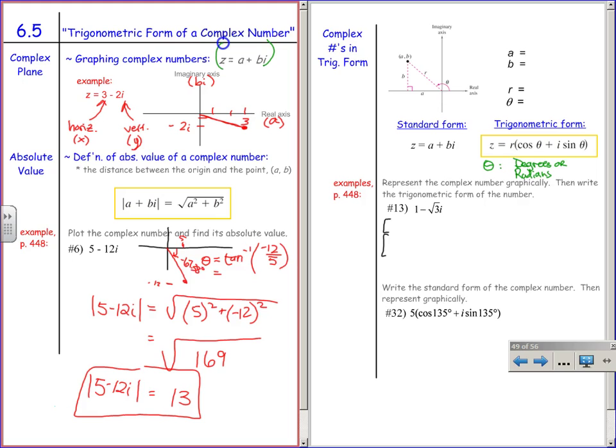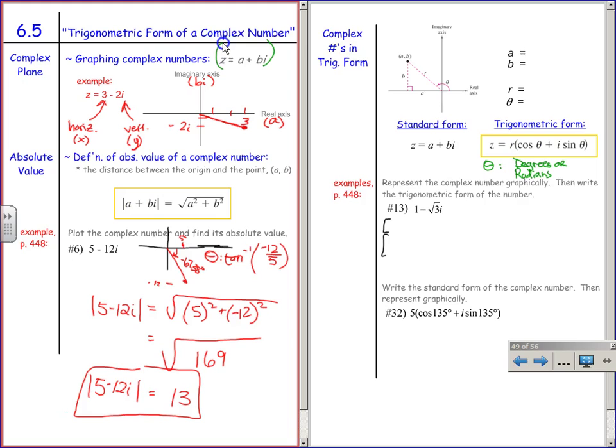The problem is that's what your calculator says. And on a test, if you were looking at direction, be really careful. We have two options, either adding 180 and getting to the second quadrant, or adding 360 and being in the fourth. What do you think I want for this? I need to be back in the fourth. So even though your calculator would say that, I'm going to put a theta with a colon like we did in the notes.